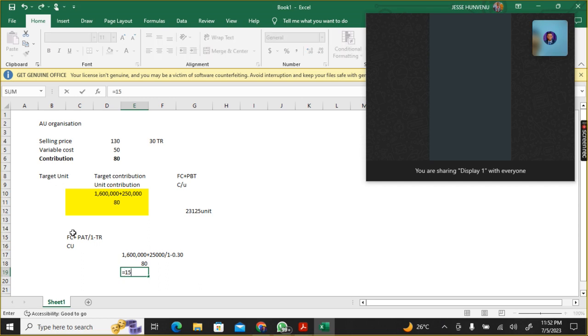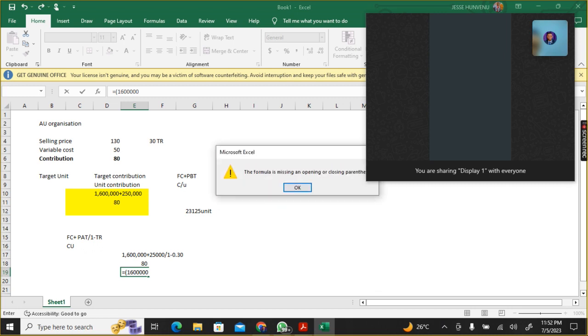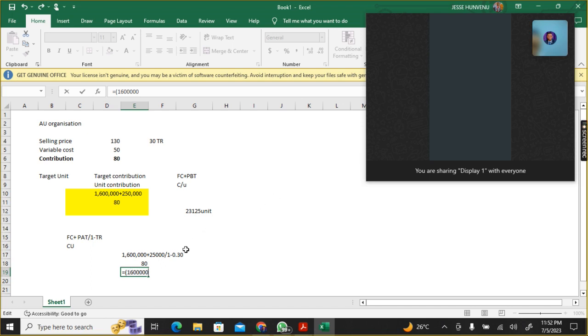In a formula sense in Excel, we have 1,600,000, let me bracket it, plus 250,000, divided by 1 minus 0.30, divided by 8. So this is our answer.